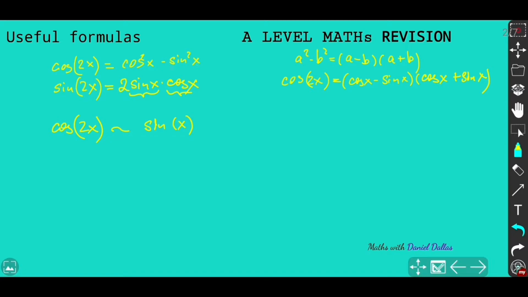Every student knows these and can use them from the formula booklet, but may still experience troubles with how to work out next. If the right side of the identity has a single function like sine x, or a function with only one trigonometric function, like 1 minus sine squared, for example, or the square root of 1 plus sine squared x.